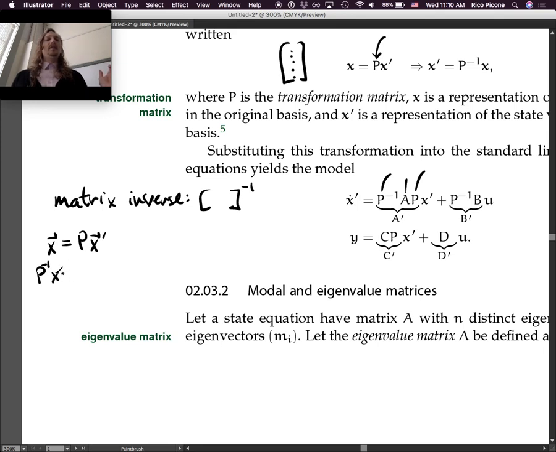So P inverse is defined as the matrix that makes this true. So, well, I should write one more step, right? P inverse times P x prime. So by definition, P inverse times P is the identity matrix.